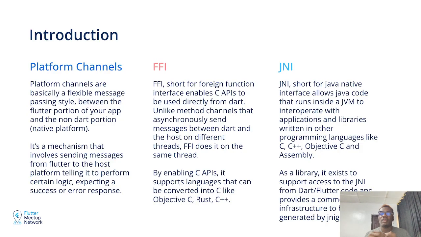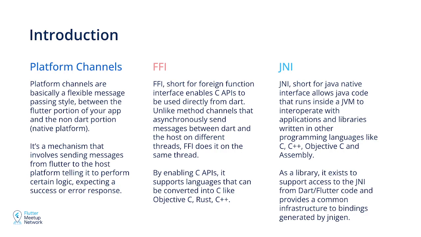It's basically an interface that allows Java code that runs inside a JVM to interface with other applications and libraries written in other languages, Objective-C, C++, C, and assembly, right? And as such, it's similar to FFI. It's basically the same, I call it foreign function interface. So as a library, right?